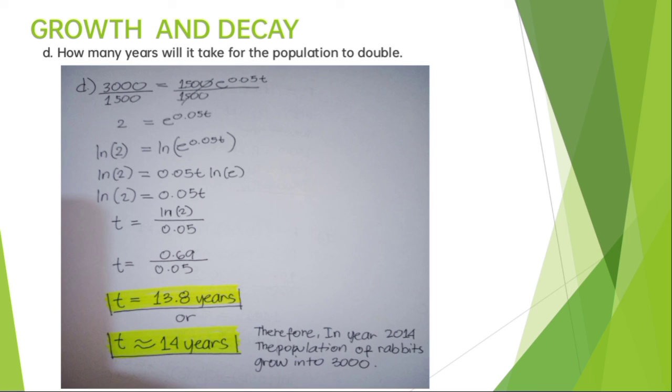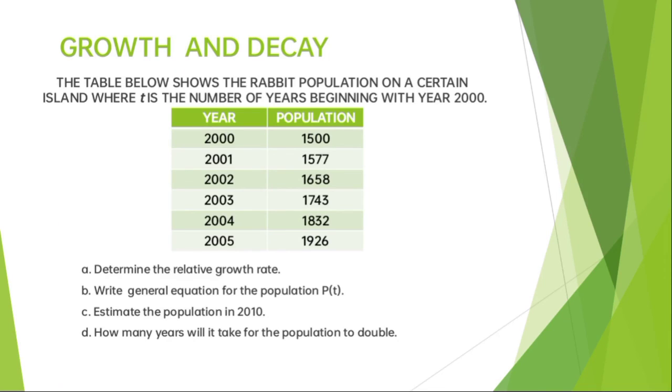Therefore, in the year 2014, the population of rabbits grows into 3,000, double the initial population.